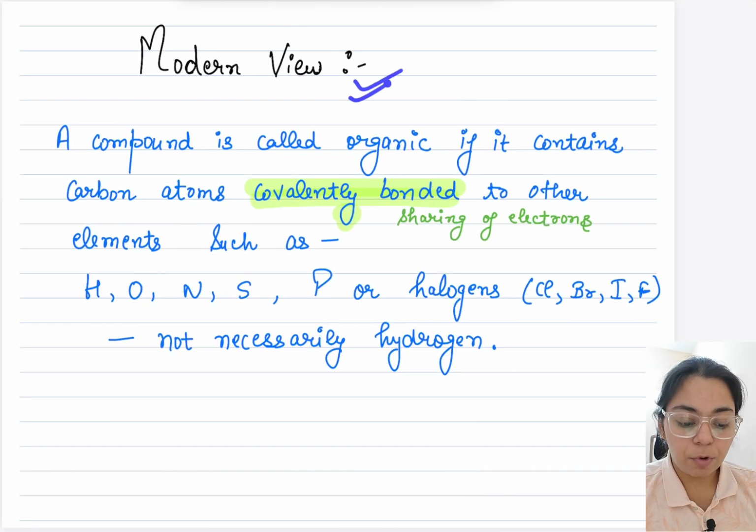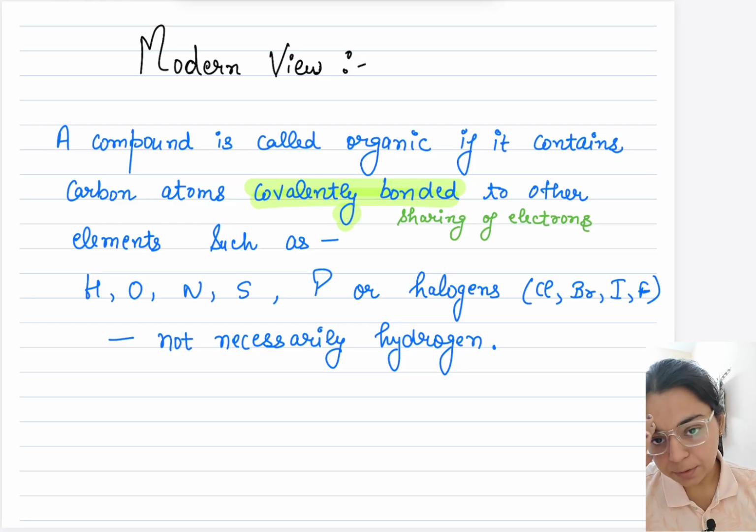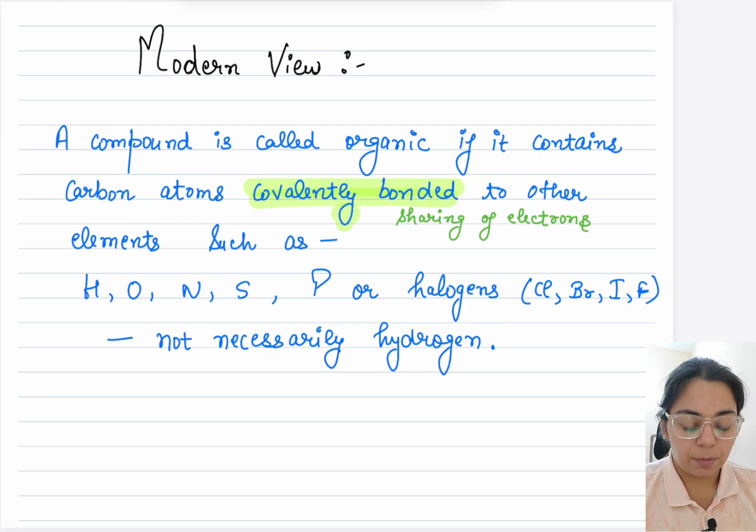According to the modern view, a compound is called organic if it contains carbon that is covalently bonded with any elements, maybe hydrogen, oxygen, nitrogen, sulfur, phosphorus, or any halogens. Not necessarily hydrogen only; most of the cases it will be, but it can be the other way around also.